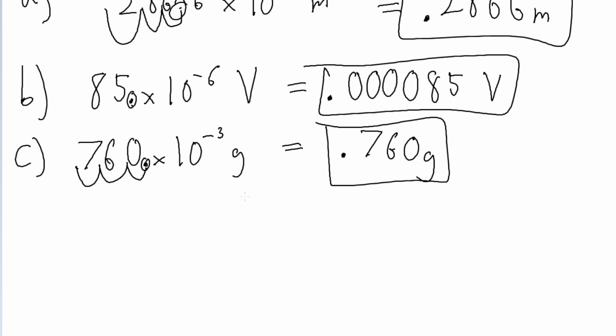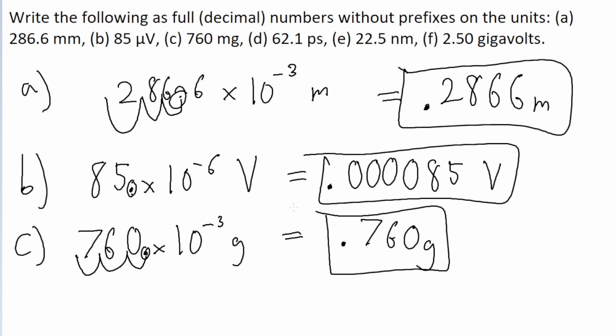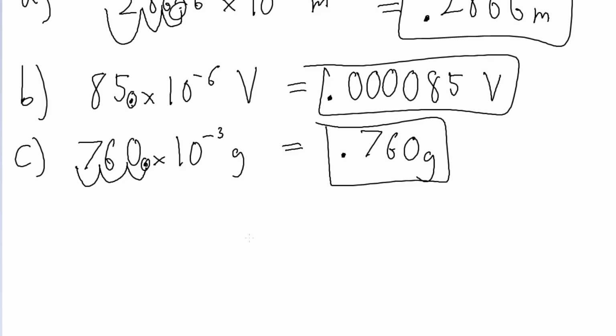So the official solution to this problem suggests that there's a chance that your teacher might expect you to write this in kilograms rather than grams, even though, strictly speaking, that's not what the problem is asking for. But just so that I've got my bases covered, I'm going to quickly show how to do that.